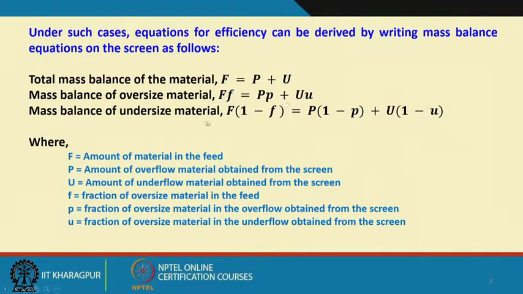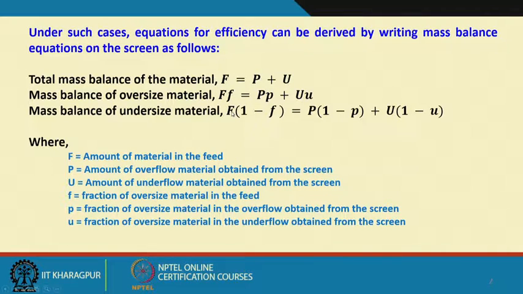Similarly, we can do a mass balance for undersized material also, because as I said, if I have 100 tons of material, that is equal to capital F, and if I have 40% of plus 5 millimeter, that is 40 tons. Out of that 100 tons, 40 tons is the plus 5 millimeter particle. So what is my minus 5 millimeter particle? It is the remaining 60 tons, which is my ideal undersized material.